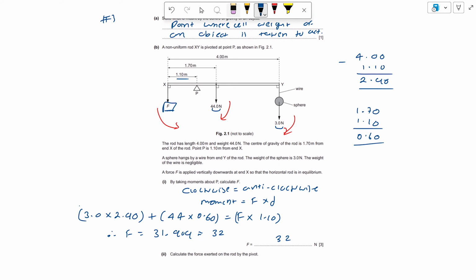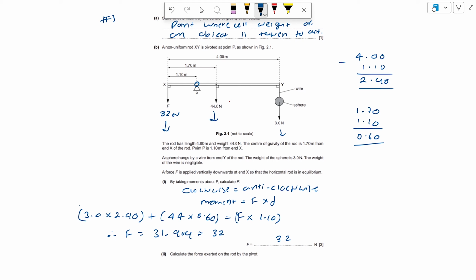Okay, so I'm just going to clean this up first. Force F is 32 newtons. Now, all these forces, 32 newtons, 44 newtons, 3 newtons, they are all acting on the pivot. They are all exerting a certain amount of force on the pivot P so that they can balance the rod.